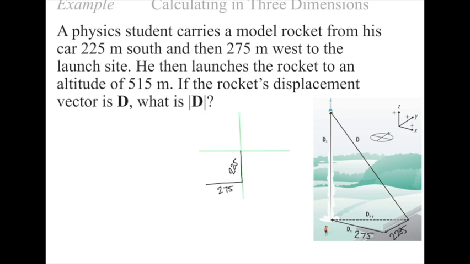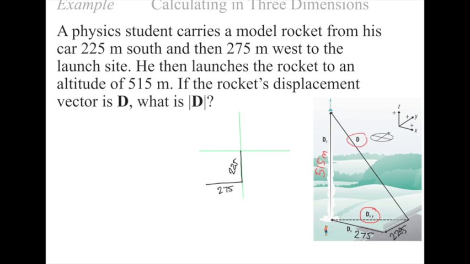And so this right here, we need to calculate, because they've told us how far up it went. They've told us that it went 515 meters in the air. What they're actually asking for is the displacement from his car to where the rocket went, right? So they're asking for this.